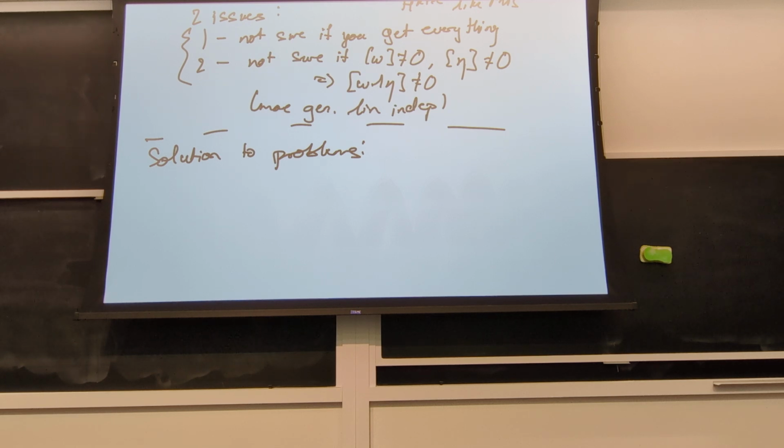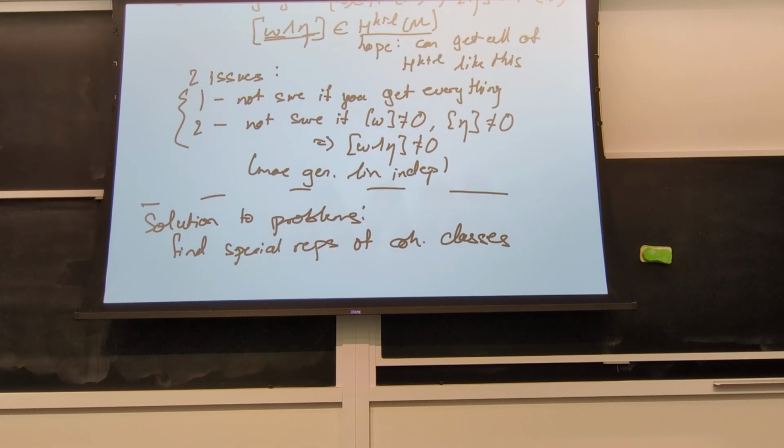So what we'll do is we'll find special representatives of cohomology classes. We saw last week, through that problem about links, that you can have a homology class that has multiple representatives, and this is sometimes a useful thing because it allows you to equate two things which do not seem similar a priori. But this causes an issue over here, for example in showing that two non-zero things wedged give a non-zero thing.